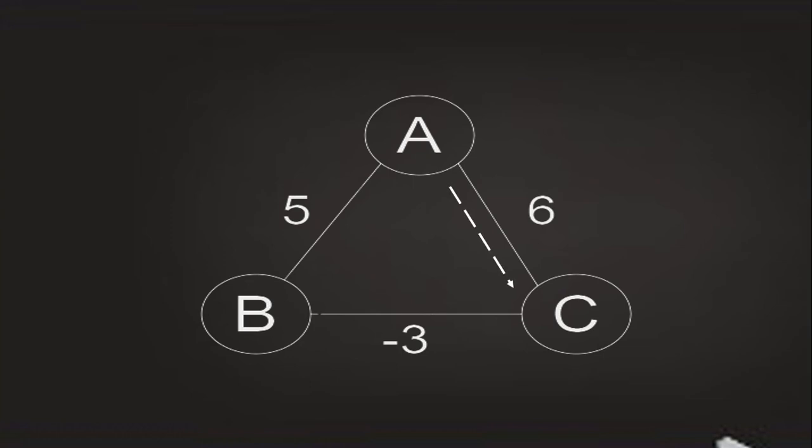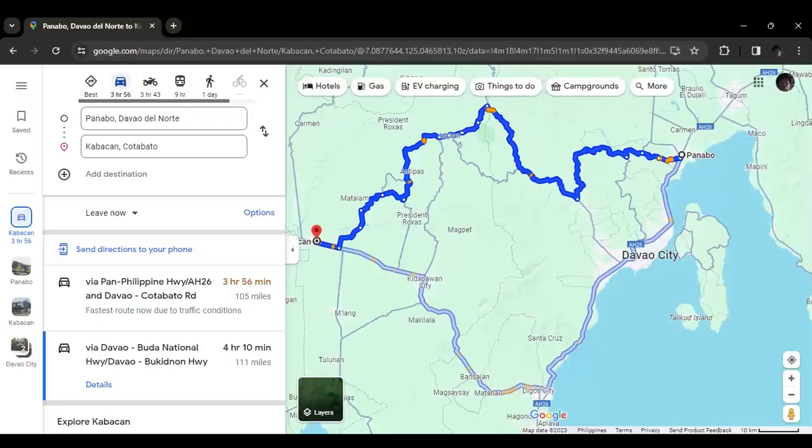Node A to node C has a distance of 6, and then node C to node B has a distance of negative 3, which, if we add, results in a distance of 3, which is the shortest path. This is where Dijkstra's algorithm fails, as it will tell us directly that the shortest path is to go directly to node B rather than using node C.